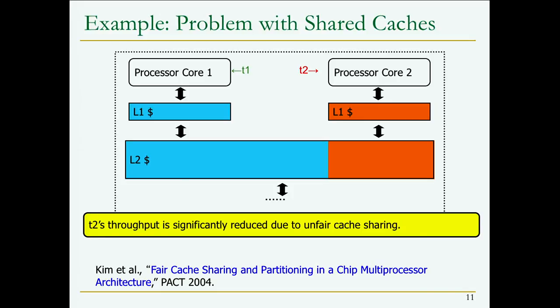Even though it has very, very good locality and would get a lot of benefit from the cache, its blocks are getting displaced by the billion cache blocks that are brought in by this thread. As a result, the performance of this thread tanks. And the performance of this thread doesn't benefit because it doesn't really benefit from caching if you're streaming through a billion cache blocks, right? So if you actually have unfair cache sharing, you may degrade overall system performance compared to when you run these different things alone.